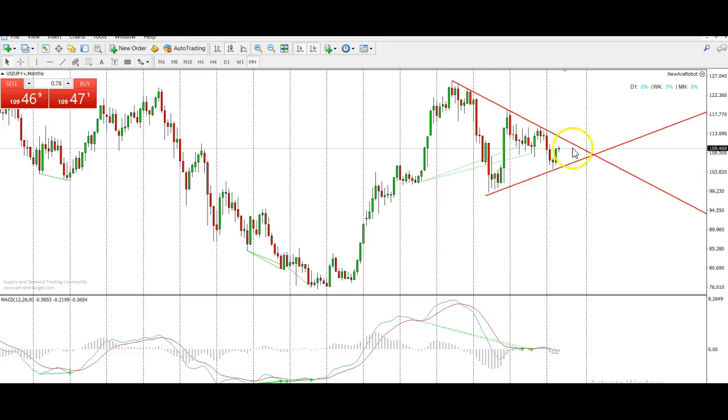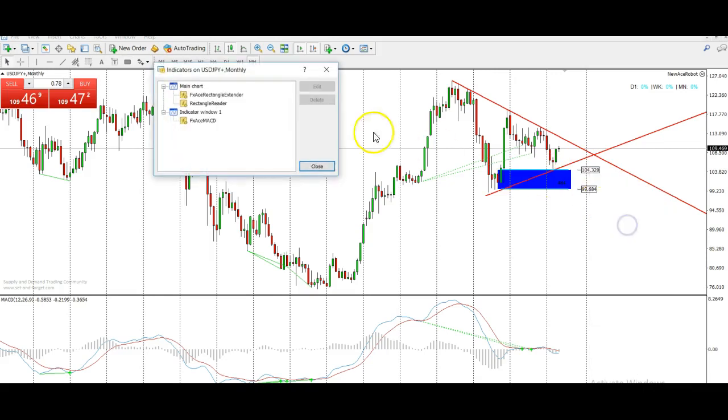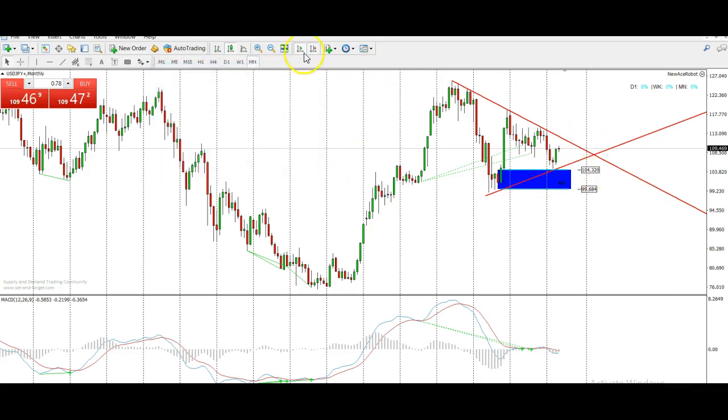Last year it did break out of this. This was a reaction to this area here on the monthly, and this area here caused this break.